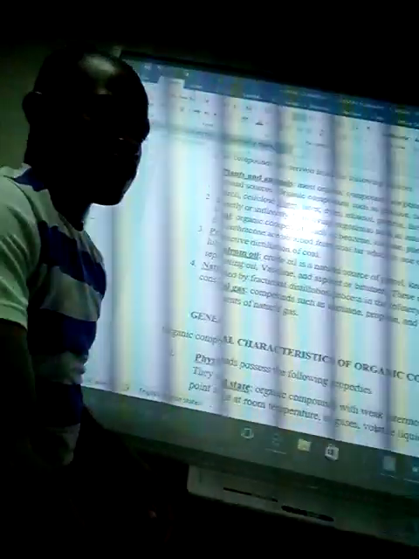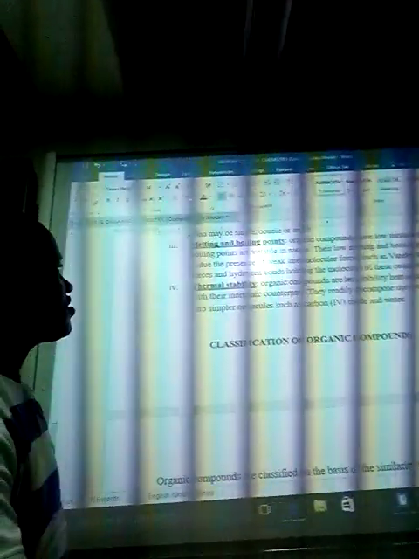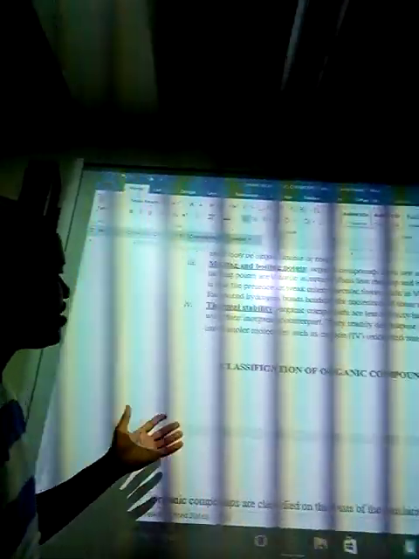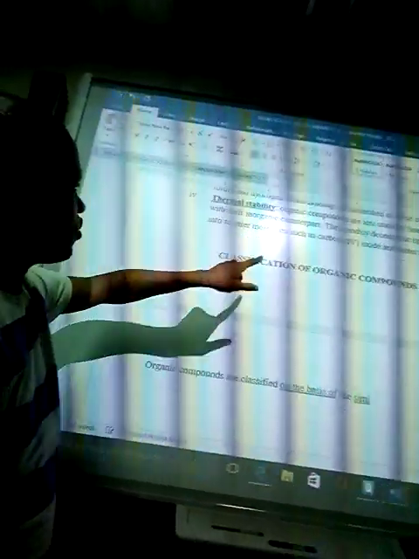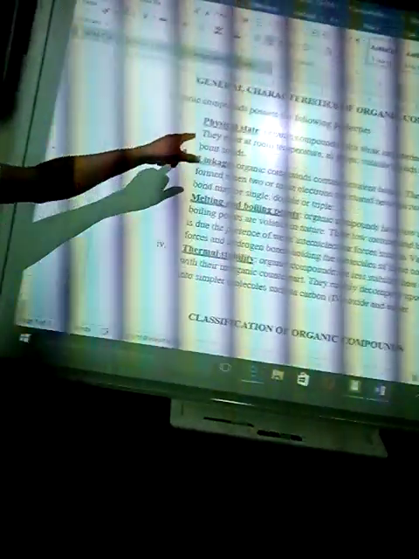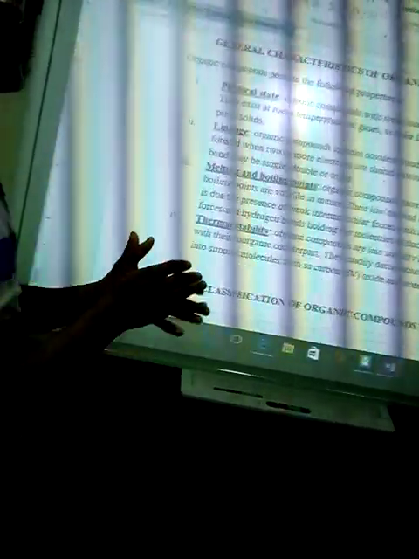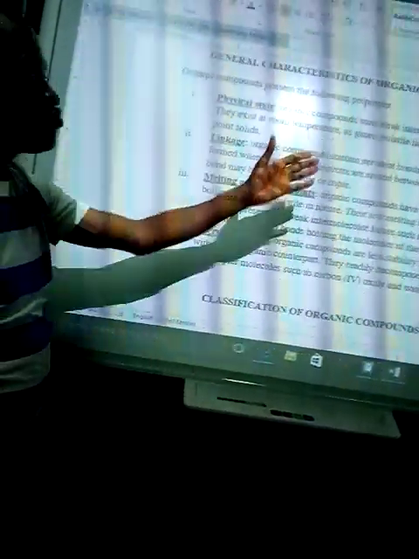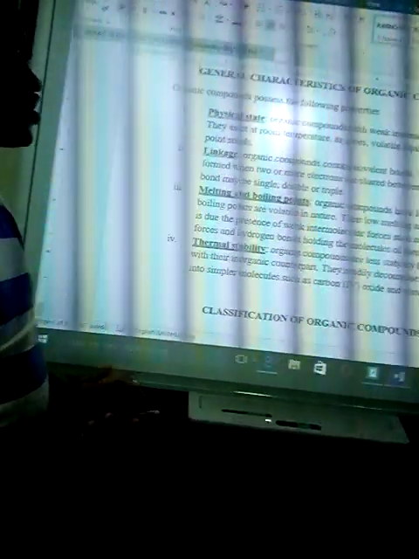General characteristics of organic compounds. We have physical state, linkage, melting and boiling points, and thermal stability. All these are physical properties, most especially melting and boiling points. Physical state: organic compounds with weak intermolecular forces exist at room temperature as gases, volatile liquids, or low melting point solids.